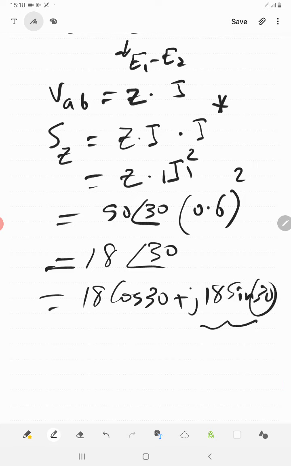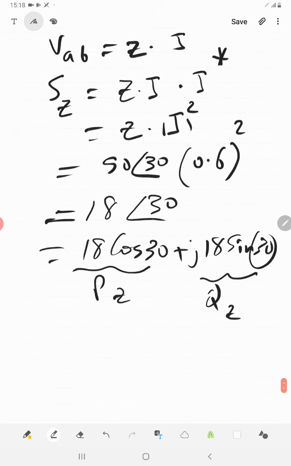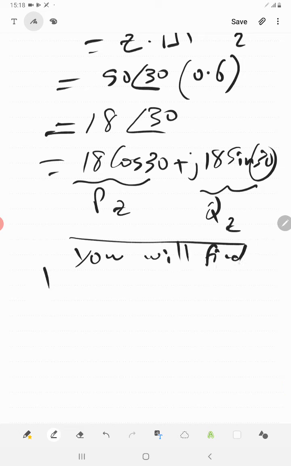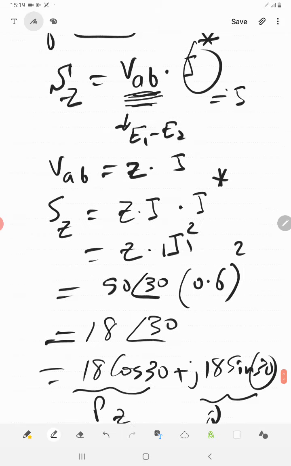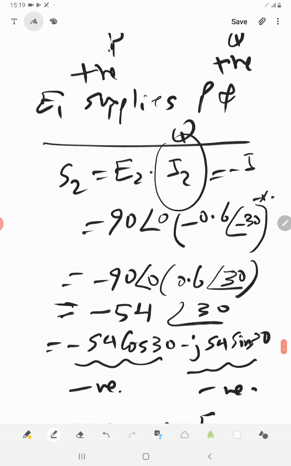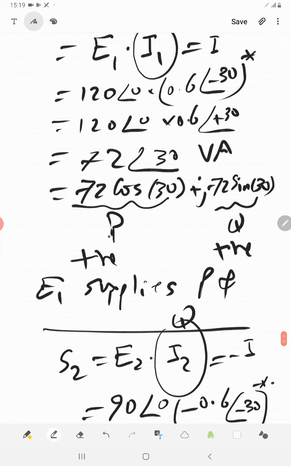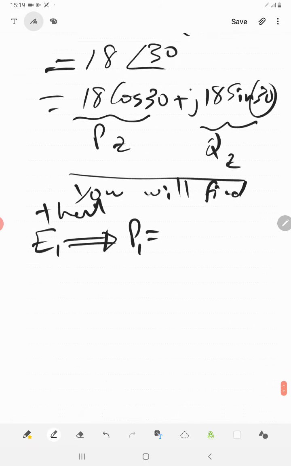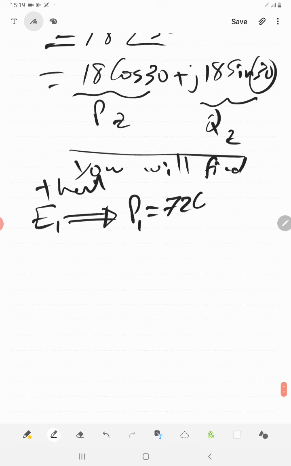So here is Q in Z, and here P in Z. You would find that E1 gives P1, which we have calculated. Let's go back to it. S1, 72 cosine 30.